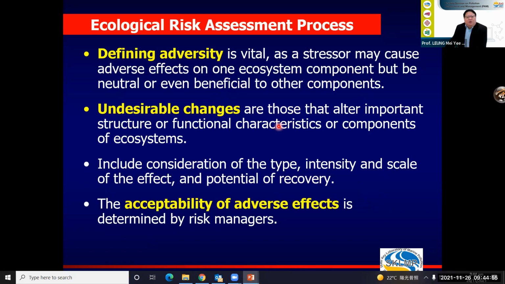So before we start the process, we have to define what is acceptable and not acceptable. So we have to define the adversity. It is not straightforward because a stressor may have a negative effect on one ecosystem, but may be good for another one.